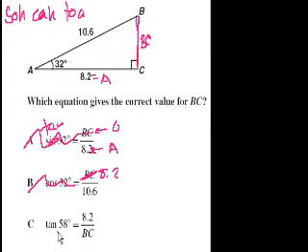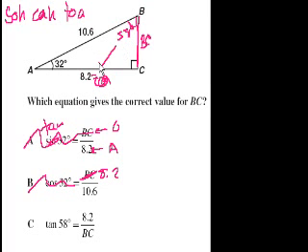Okay, the next one, tangent of 58 degrees. Where are they getting that 58? Well, they know that this is 32, this is 90. So this is going to be 180 minus 32 minus 90, because the angles in a triangle add up to 180. So this angle right here is 58 degrees. Now if we use that angle, we have to relabel opposite and adjacent. From this angle's point of view, tangent is opposite over adjacent.